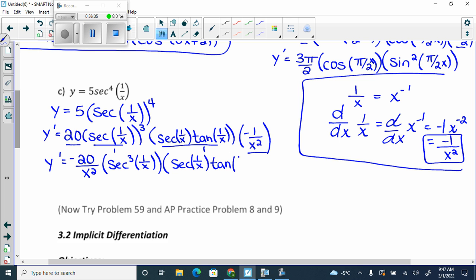If you're getting hung up on what order to write them in, that is the wrong place to get hung up on. So sometimes they'll write the whole thing over x squared. They'll just put the x squared on the bottom because I can go this times this times this over this times 1 times 1. So they'll actually write it as negative 20 secant cubed.